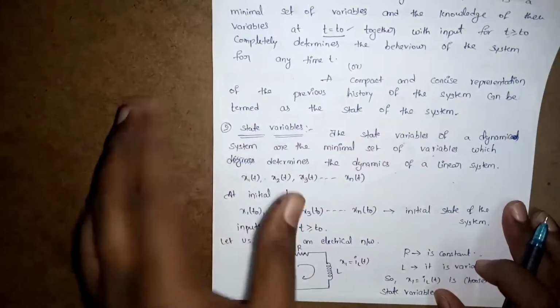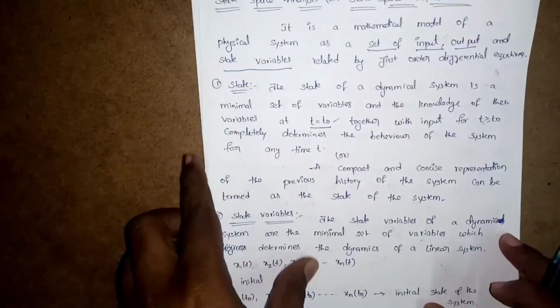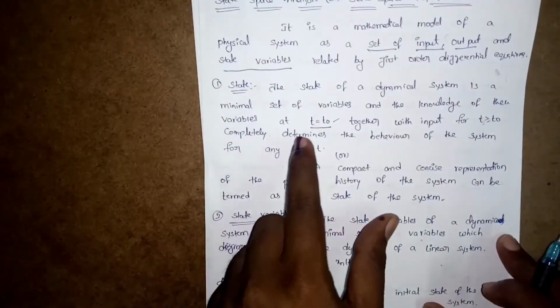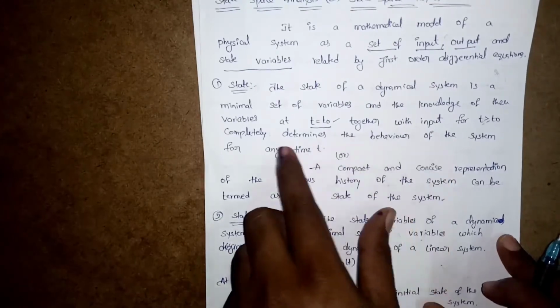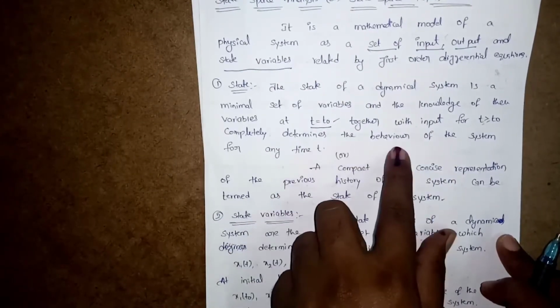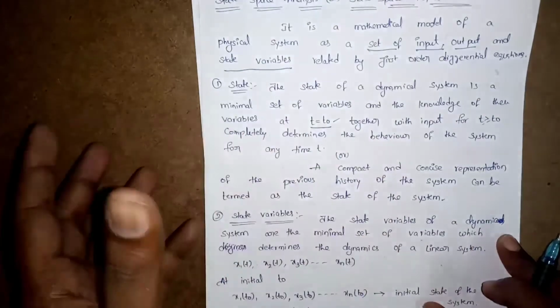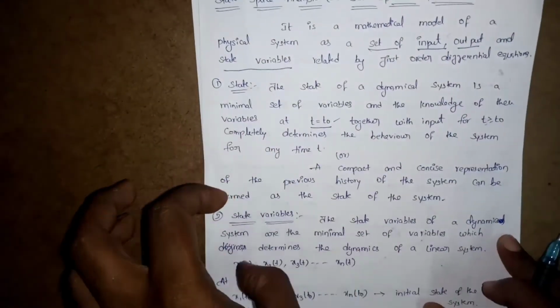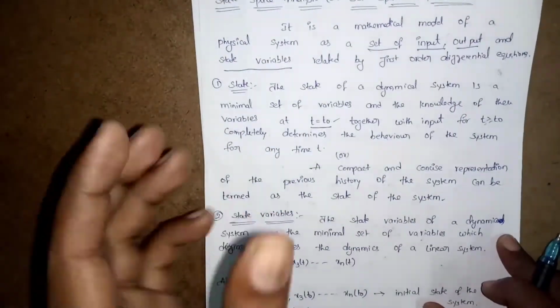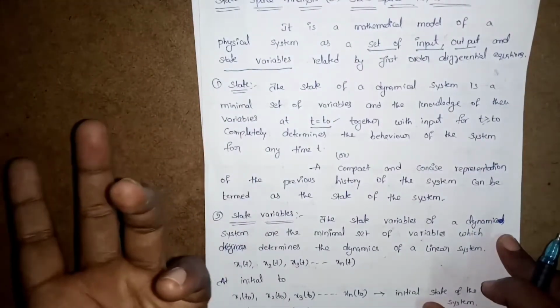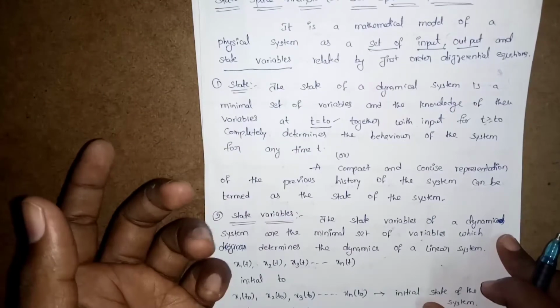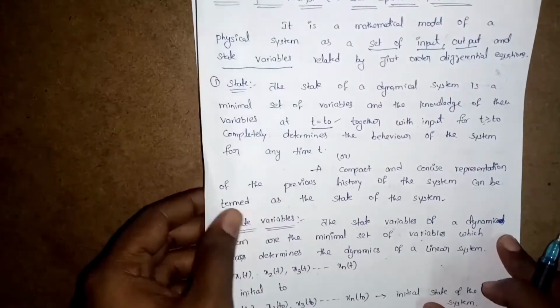One more definition for the state: the behavior between the initial condition and the final condition, at any time between t0 and t, completely determines the behavior of the system. Behavior means the state of the system, how it behaves.